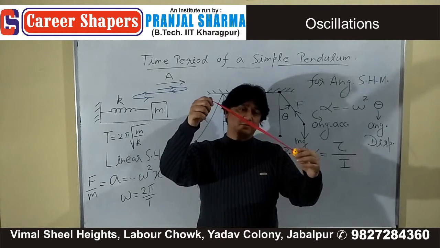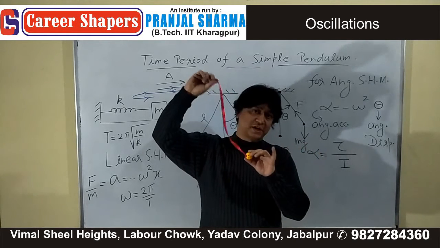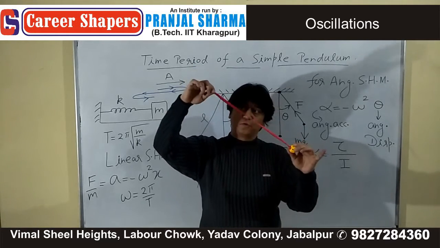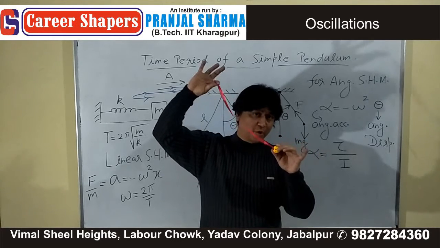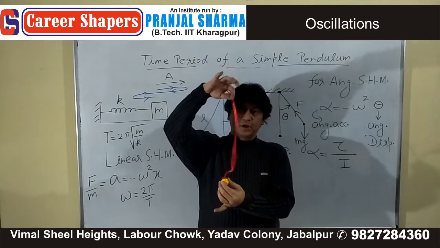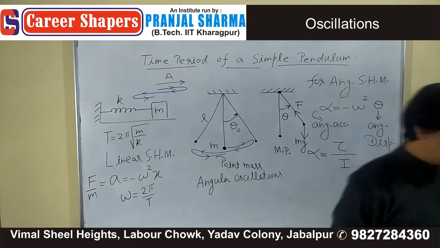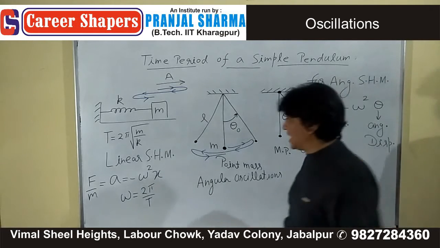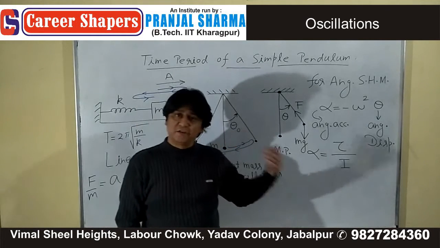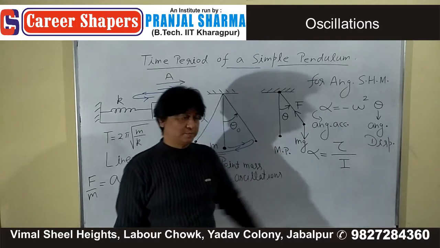All the time means in this position, this hand represents the axis of rotation. The rope is connected to this point and therefore tension passes through the point of suspension. If it moves here again, again, the same holds. So the torque of the tension force is all the time 0. It does not give you any restoring torque.